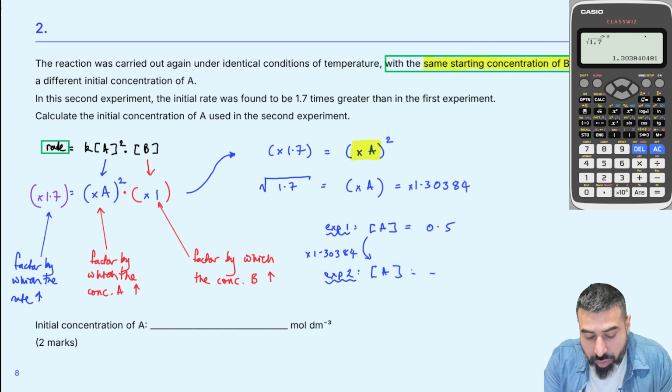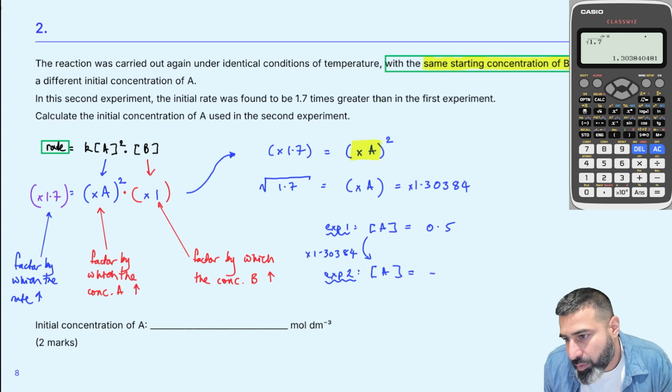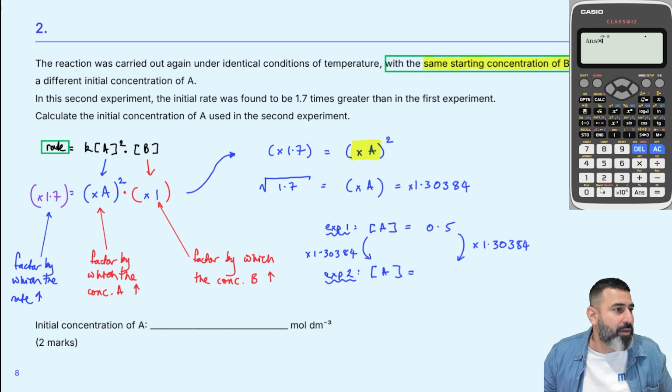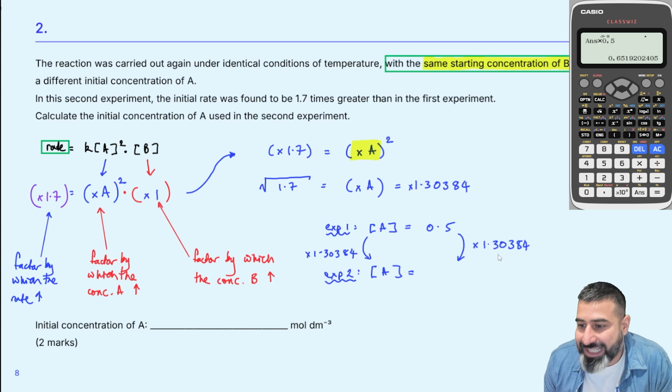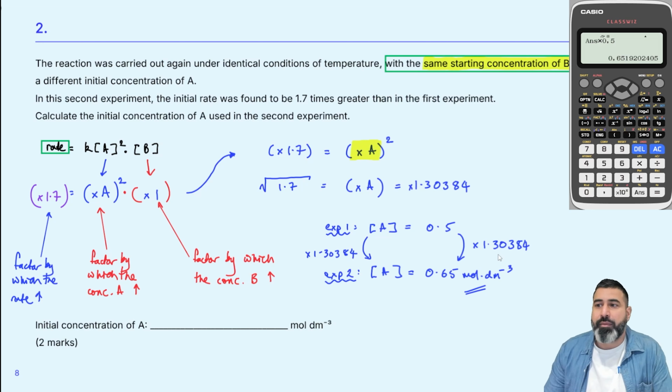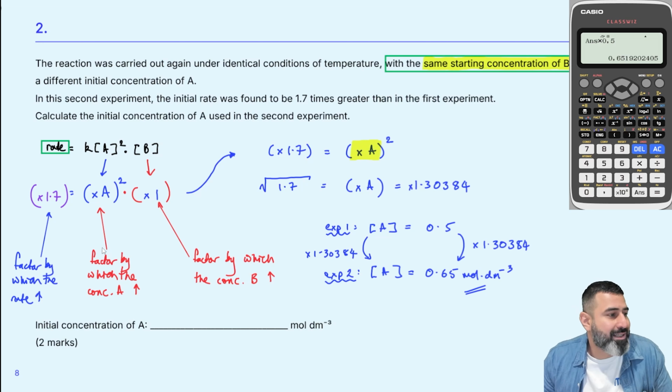To get the new concentration in experiment 2, what do I have to do? I have to multiply 0.5 by that factor. So what do we get? Times that by 0.5. And hey presto, we get the answer, which is 0.65 is the new initial concentration of A. Lovely, really good question. I can see why it discriminated. But we should be able to pick up some marks on that, I think.